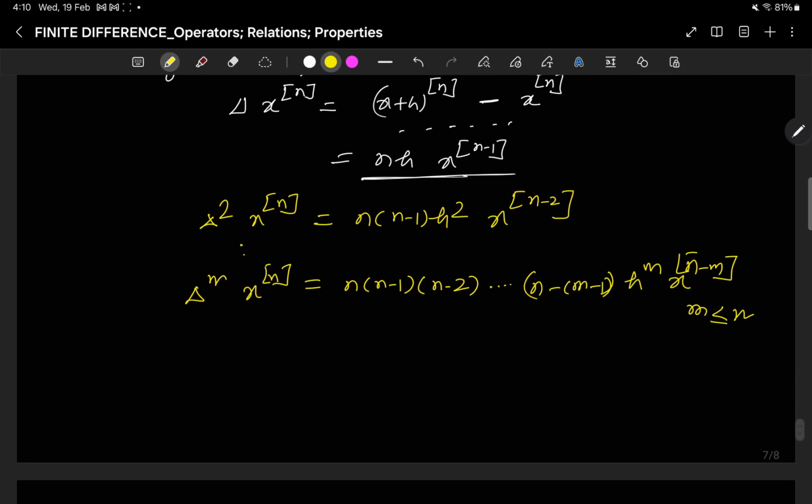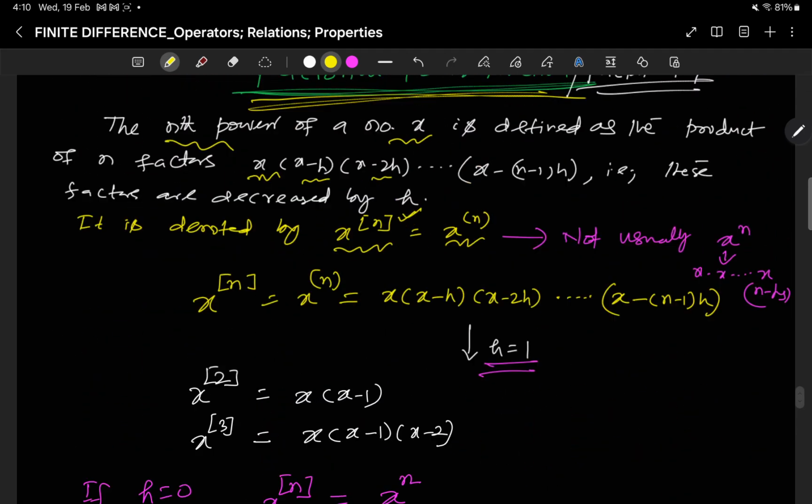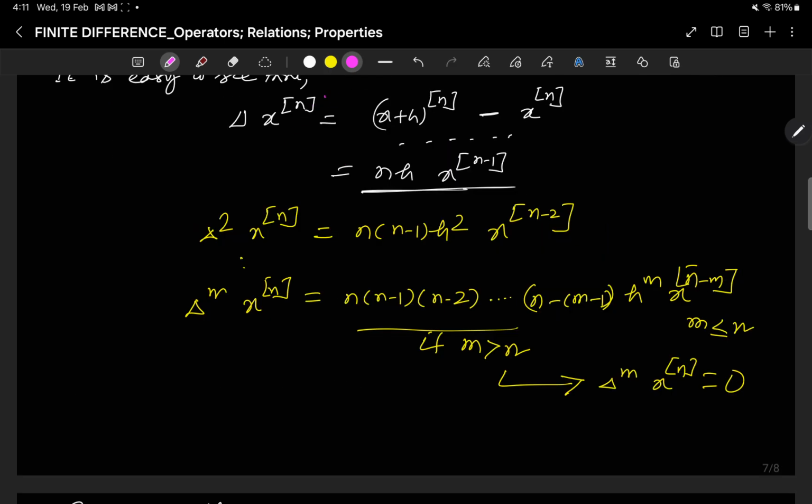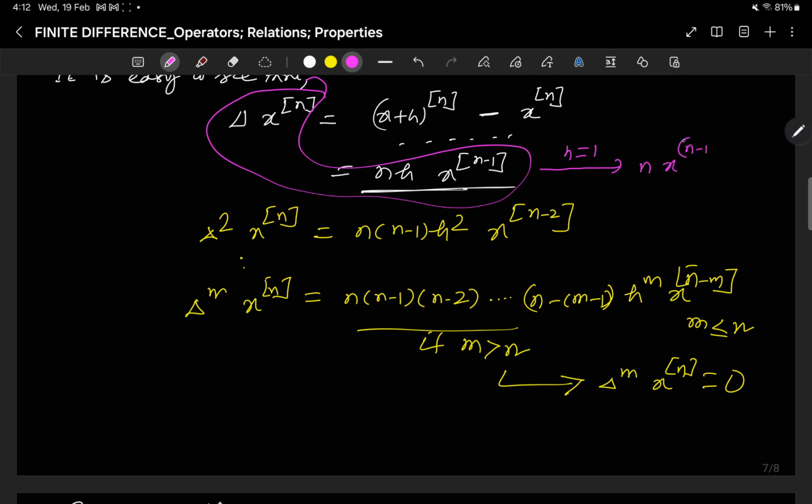If m is greater than n, then Δᵐ x factorial power n must be 0, as we have told here, the nth difference of a polynomial of nth degree is constant, higher order is 0, so accordingly it is like that. So as we see here, Δ x factorial power n, if h is equal to 1, is n x factorial power n minus 1, is it not?